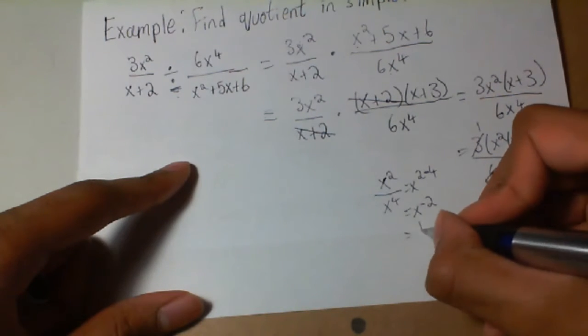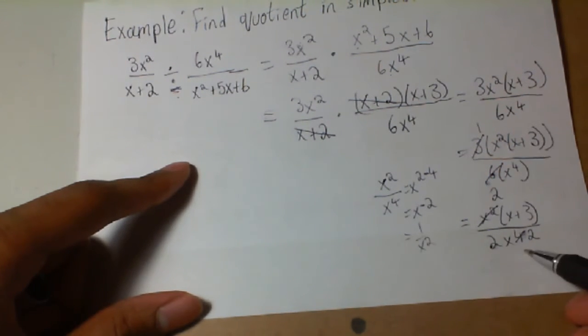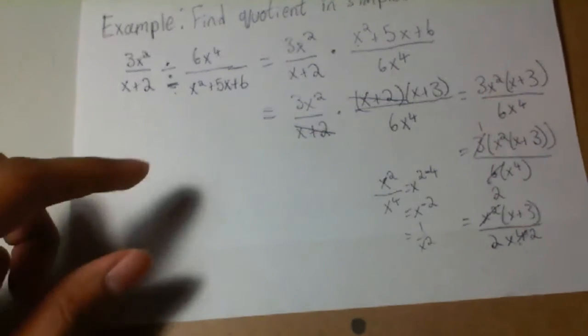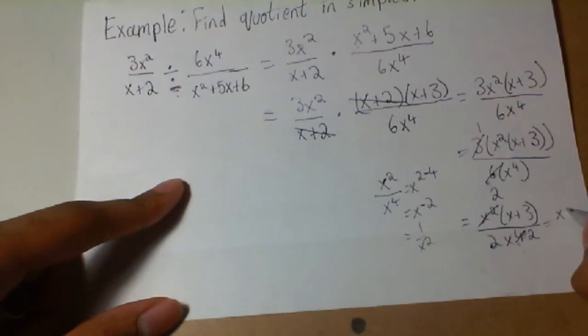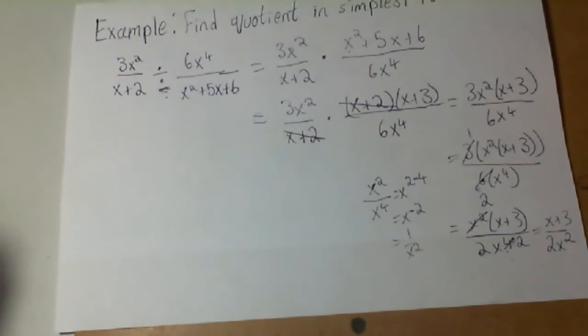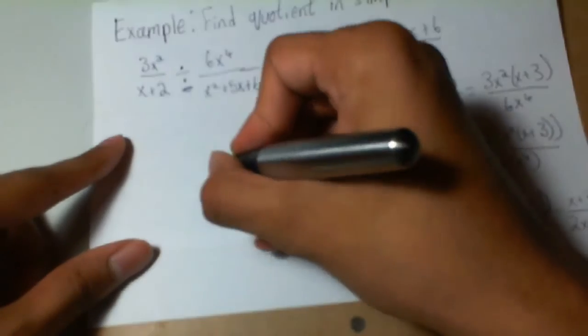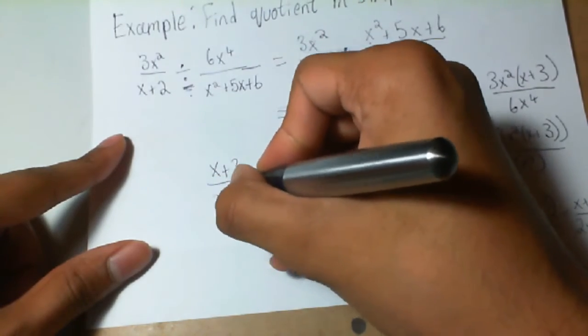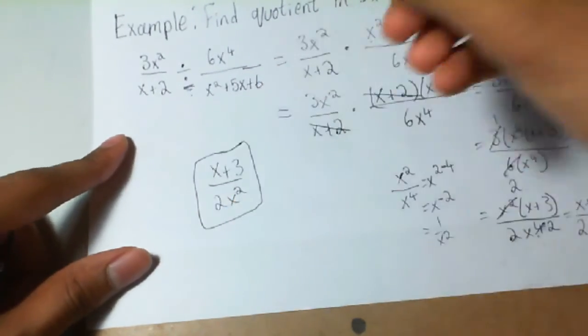Which is the same thing as 1 over x squared. Exactly what we have. So we're going to be making that 1 over x squared. So now we just have x plus 3 over 2x squared. Okay. And so your final answer in your simplest form would be x plus 3 over 2x squared.